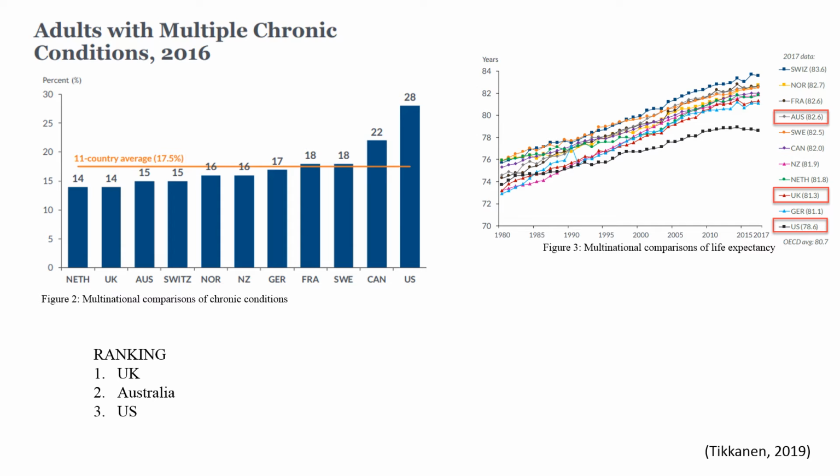It's above the 11 countries average. If you look also at the comparison of life expectancy, Australia's got the best, 82.6, followed by 81.3 by the UK, and the US again is last.